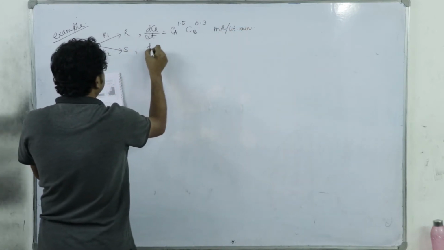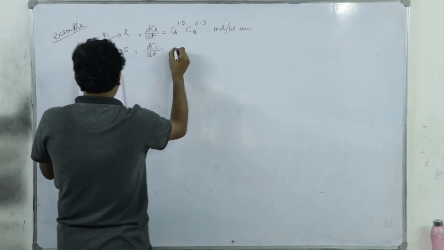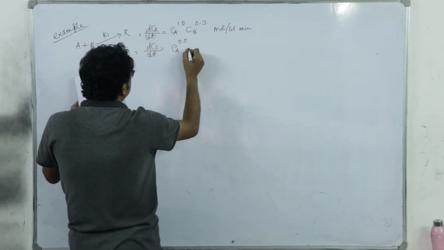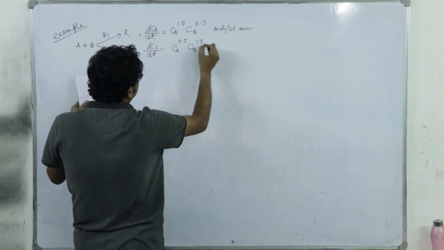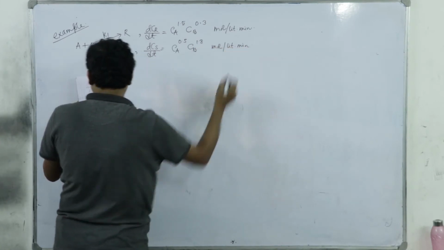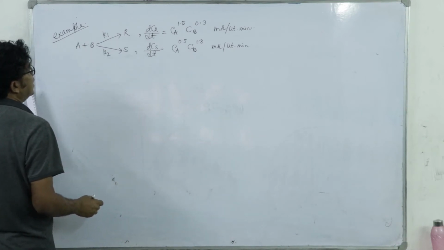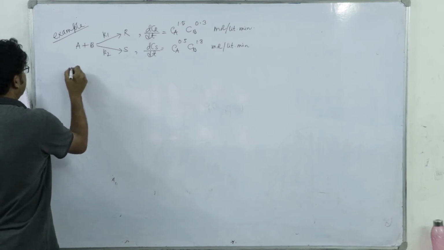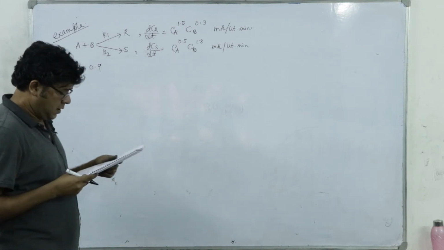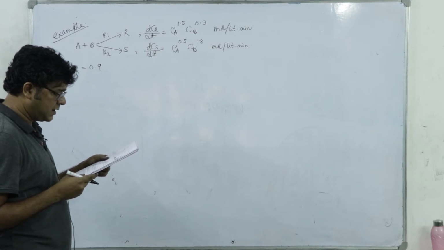And dCS/dt is equal to Ca to the power 0.5, Cb to the power 1.8, mole per liter per minute. So obviously K1 and K2 are both 1. For 90% conversion of A, find the concentration of R in the product stream.